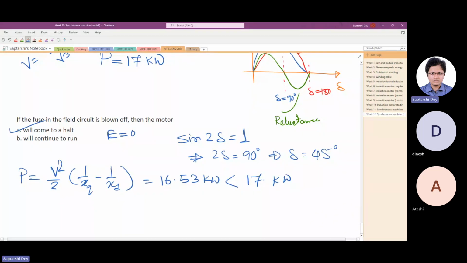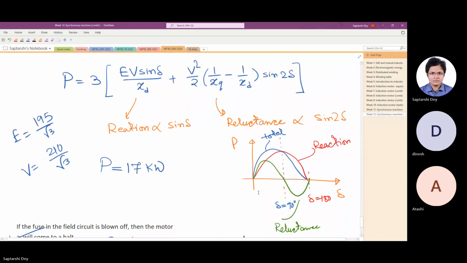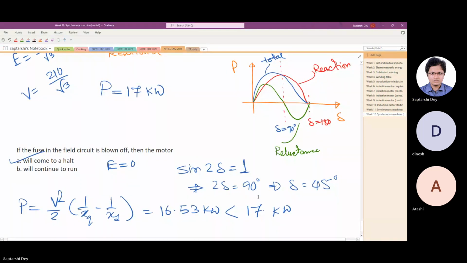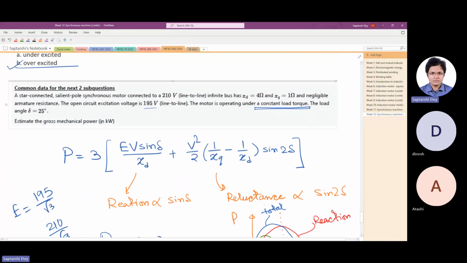Okay, any question? Sir, how do we come to know that it is operated at 45 degrees from the given question? No, we do not come to know. If you do nothing to the machine, it will keep operating at the same delta.